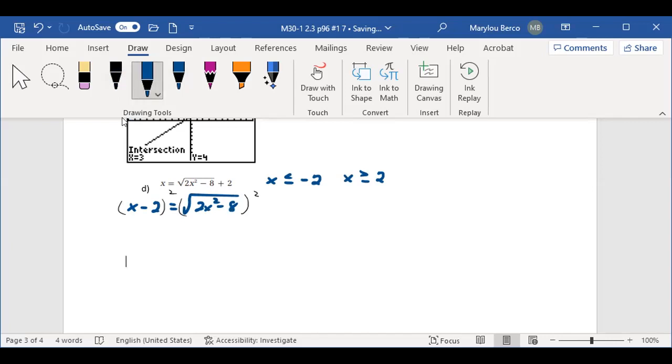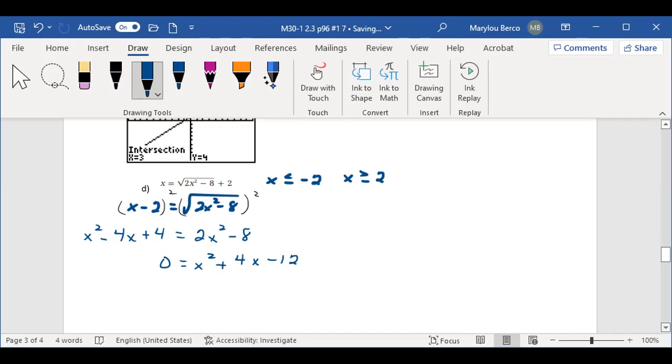And we end up with x squared minus 4x plus 4 equals 2x squared minus 8. Okay, moving it all to one side, we get 0 equals x squared plus 4x minus 12.